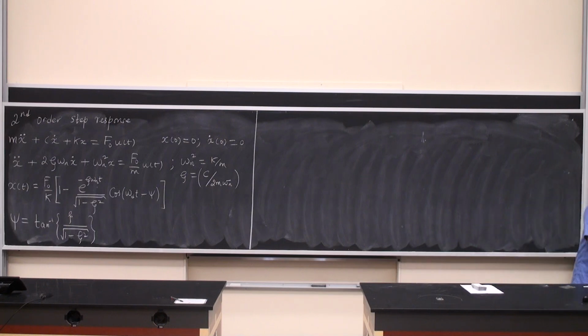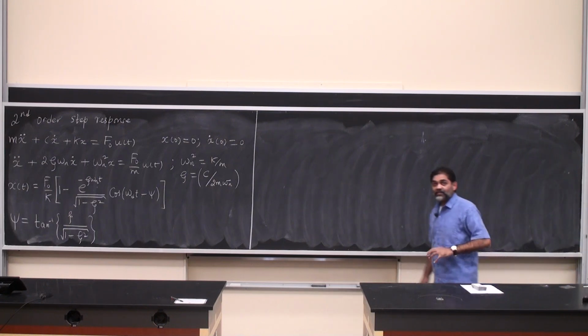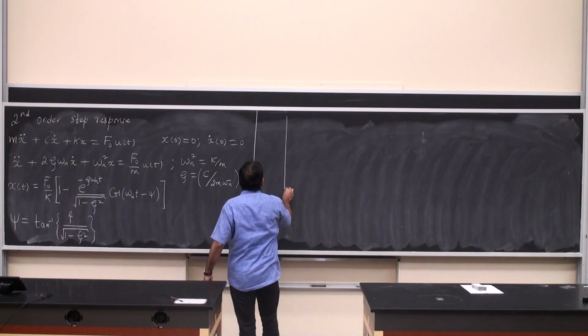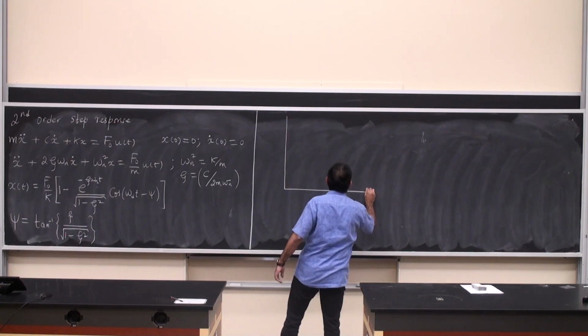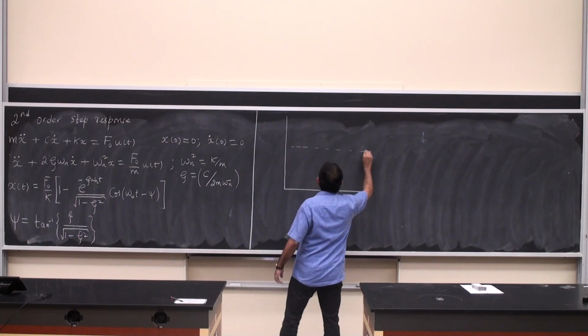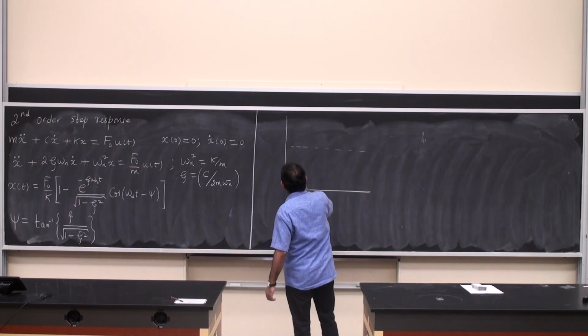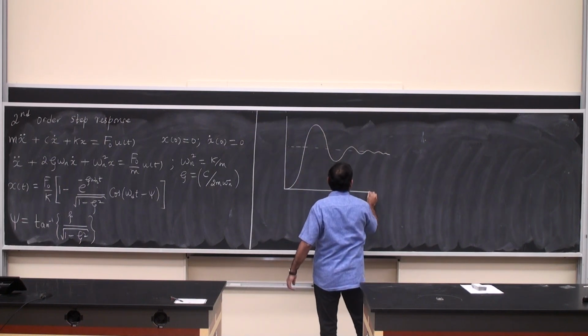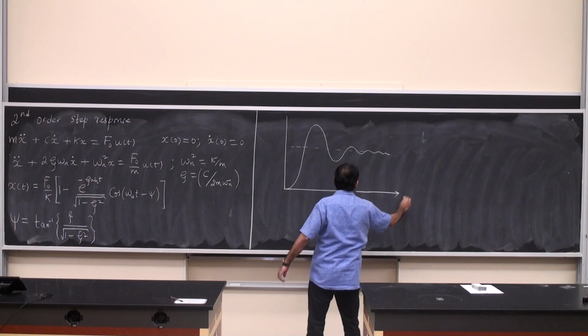So this is the system response that we obtained, and one can plot this as a function of time, which is what I'm showing as a generic plot here. This is time.